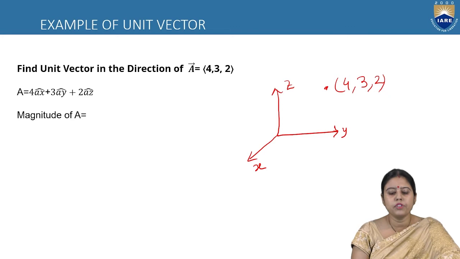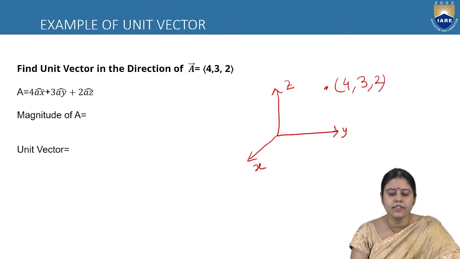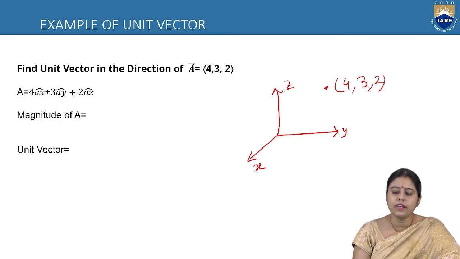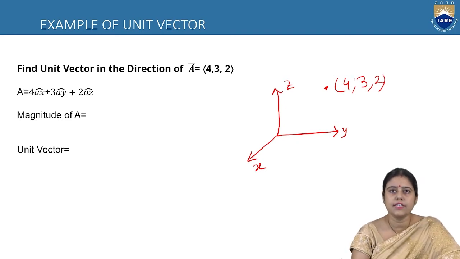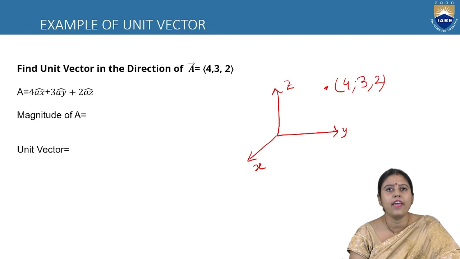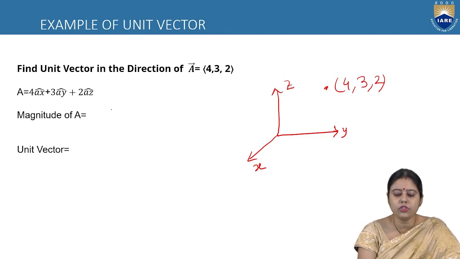So what will be the position vector? Position vector will be 4ax hat plus 3ay hat plus 2az hat. The first one is the x-axis. So it is 4ax hat plus 3ay hat plus 2az hat. So what will be the magnitude?